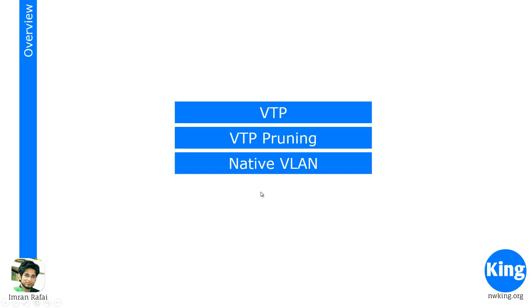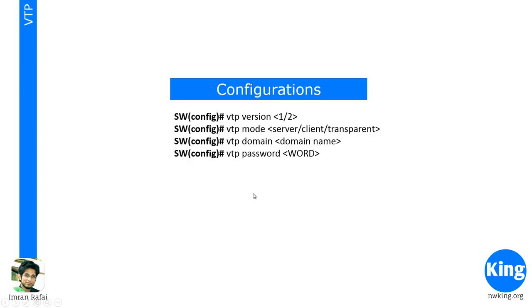So we have discussed VTP in one of our earlier videos, that is VLAN Trunking Protocol. But like I have told you, whenever you hear VTP or VLAN Trunking Protocol, the first thing that should come to your mind is VTP is not a trunking protocol, right?